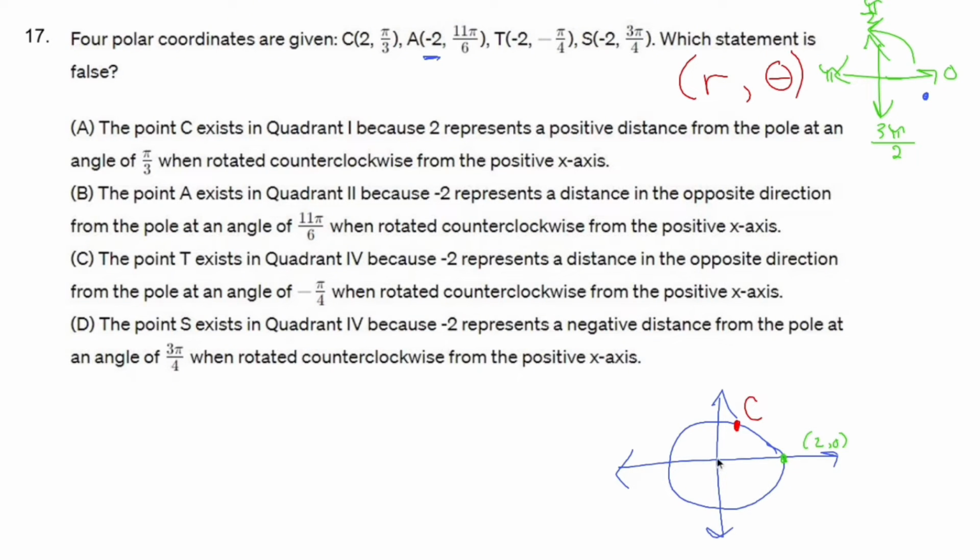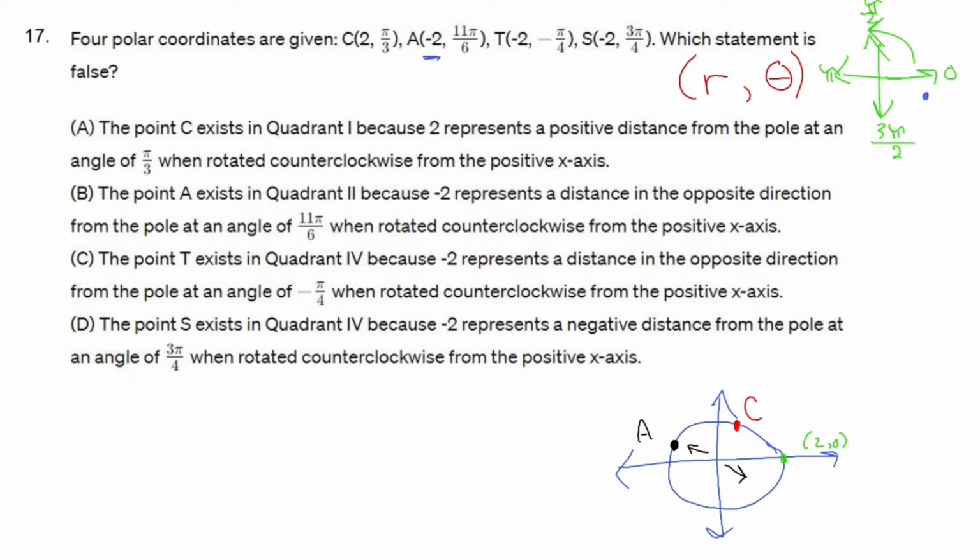I'm going to go in the opposite direction. So my dot has me going all the way around here, but since it's negative 2, I'm going to put my dot right there. Okay, so you're going to be A. Again, normally you would go in this direction, but since it's negative 2, you go in the opposite direction, which gives me that A right there. I'll leave those arrows just in case I need them.